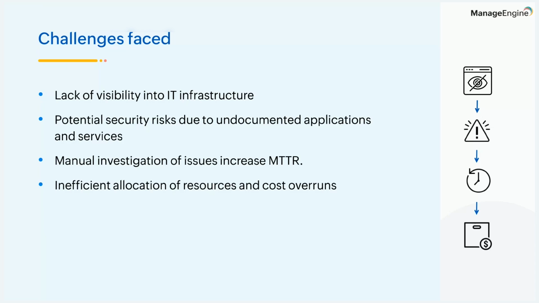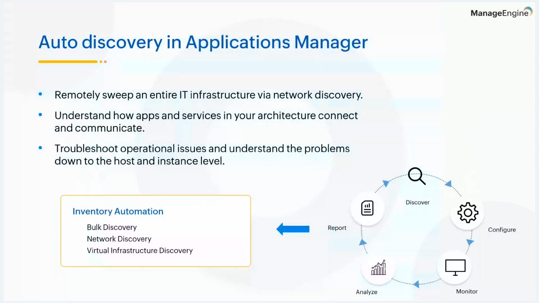So how can you overcome all these challenges with the help of Applications Manager? We have a feature, automatic discovery and dependency mapping, that could help you remotely sweep your entire infrastructure with the help of network discovery. It will also help you understand how the applications and services in your architecture connect and communicate.